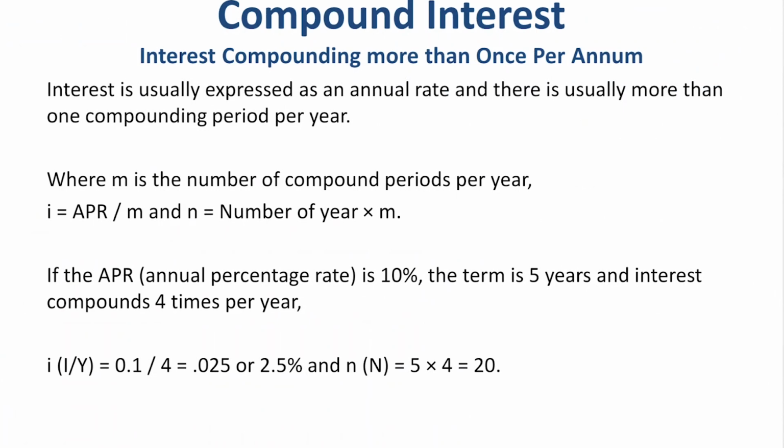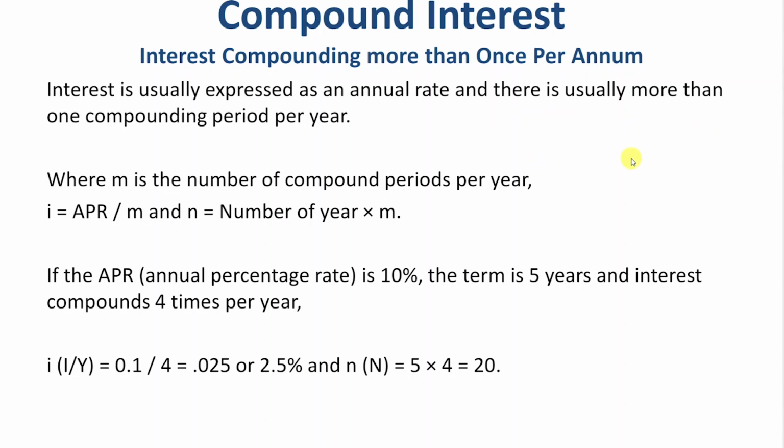Let's look at interest compounding more than once per annum. Okay, so sometimes you have interest compounded quarterly or every half a year. So how do we calculate that? Interest is usually expressed as an annual rate, but there is usually more than one compounding period per year.